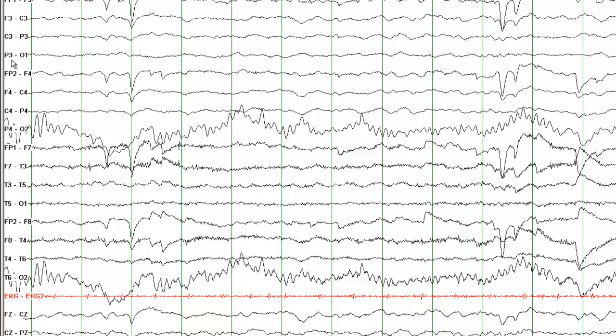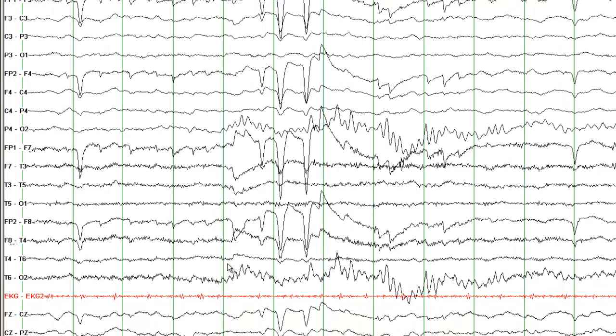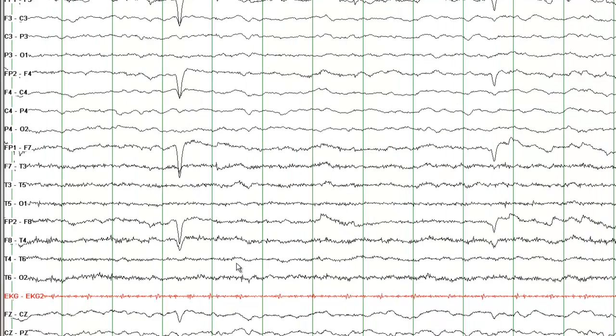Any asymmetry between P3O1 and P4O2? Compare this side and compare the other side. If this is your first view of this tutorial, make sure you go back to EEG 101 and at least understand the basics of reviewing EEGs.